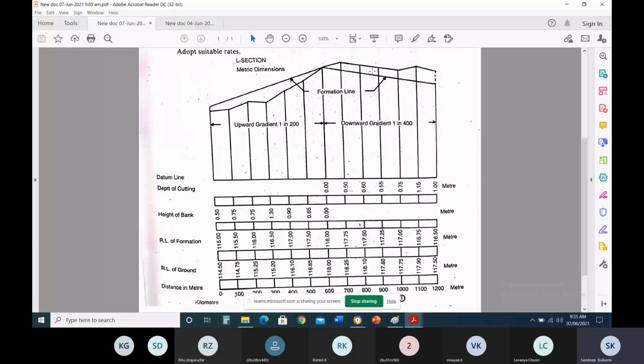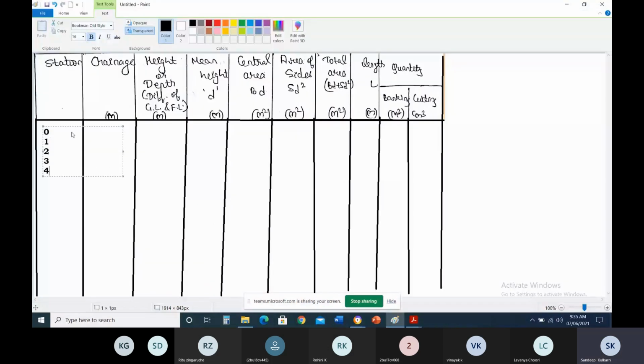I'll give some values here: 0, 1, 2, 3, 4, 5, 6, 7, 8, 9, 10, 11, 12. So I think a total of 12 chainages are there. Then chainages: 0, 100, 200, 300, 400, 500, 600, 700, 800, 900, 1000, 1100, then 1200.